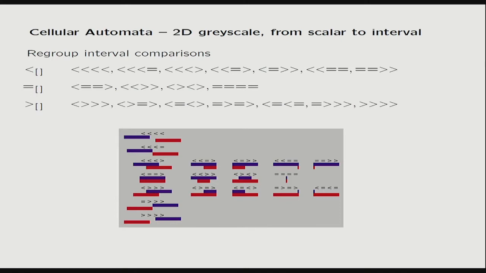So what we've done here is we've said my neighbor is smaller than me if it's in these relationships, which is roughly those up there. Then my neighbor is the same as me if we overlap. So if one is included in the other, or they're identical, and otherwise it's greater.